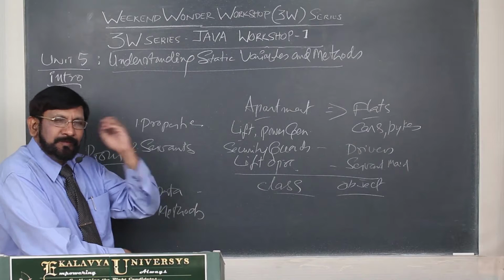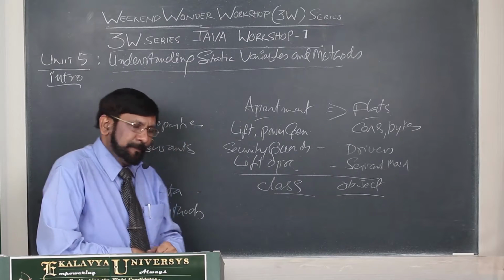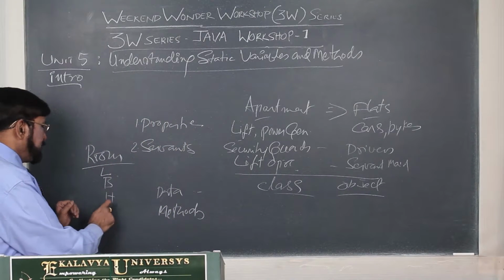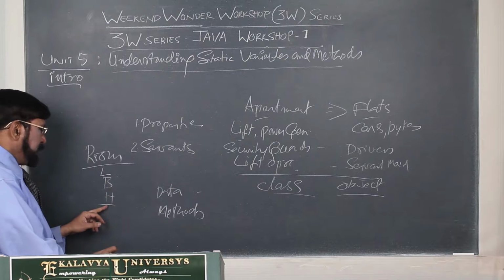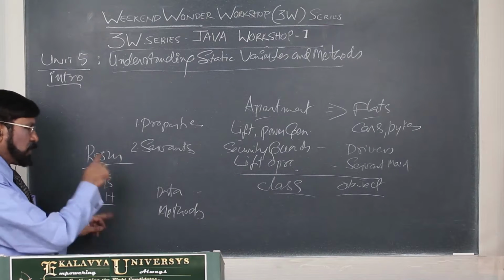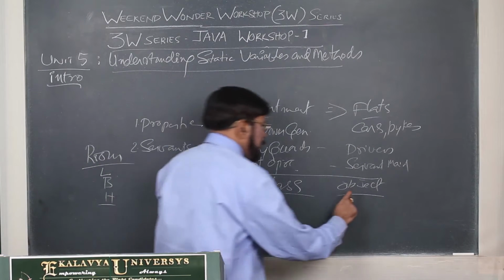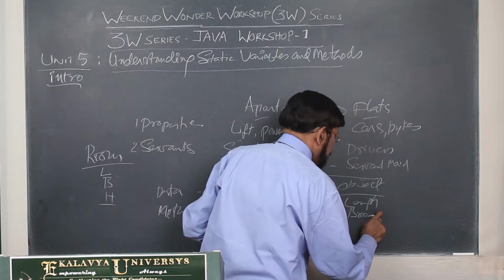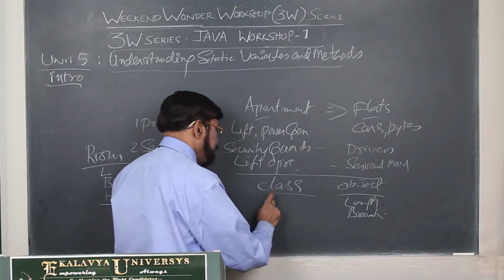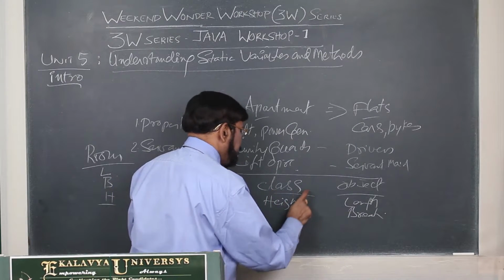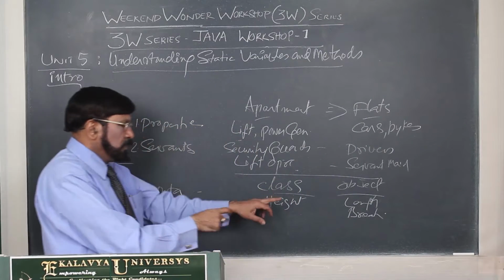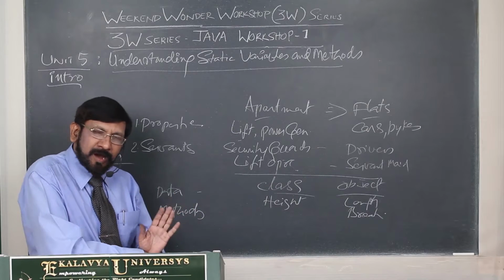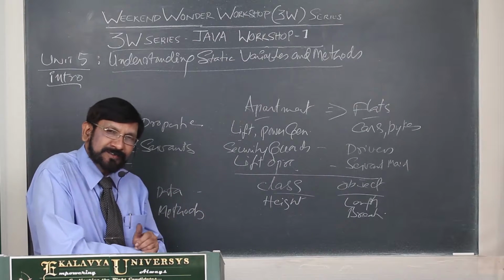But if you think analytically, one difference is there. Length and breadth can belong to the object, and the height of the room you may make belong to the class. It is not an obligation, it is smartness.